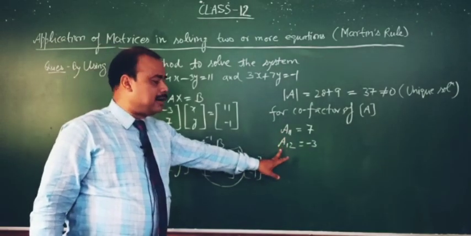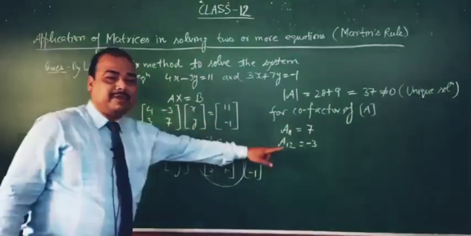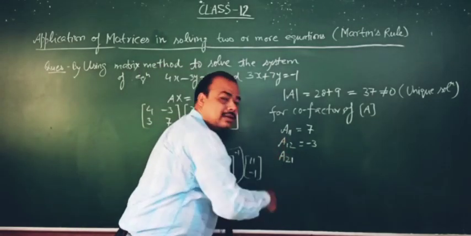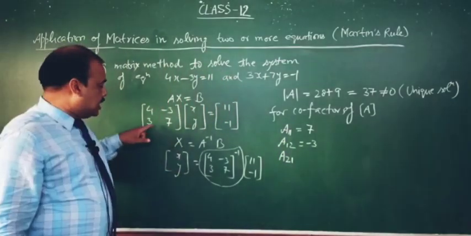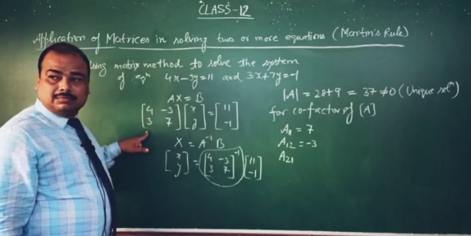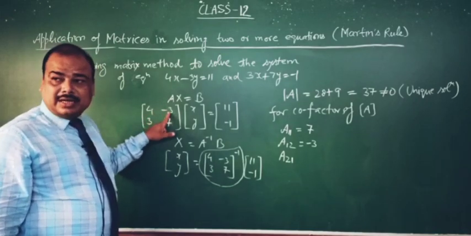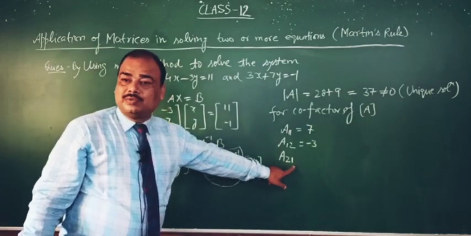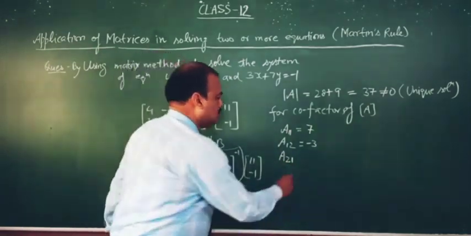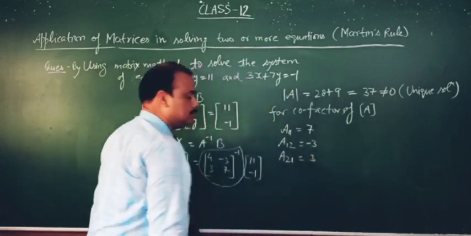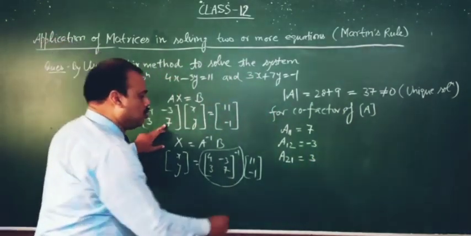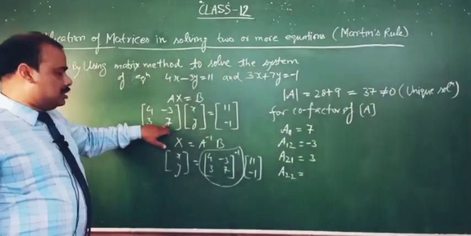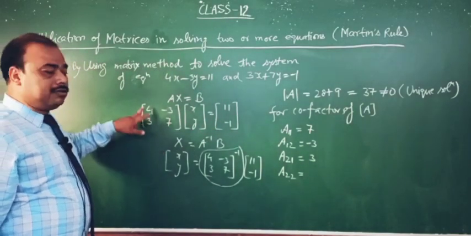It means the cofactor of minus 3 will be minus 3. Now, the cofactor of second row, first column, minus 3 into minus, because 2 plus 1 means 3, so the sign will be changed. And the cofactor of the element 7 will be 4.